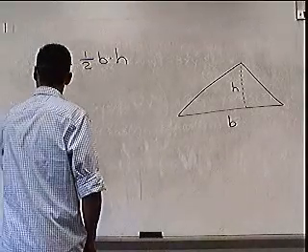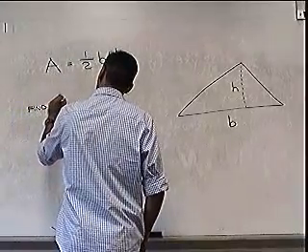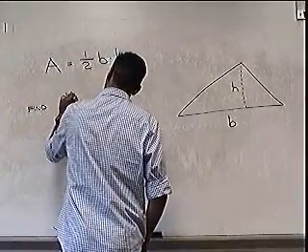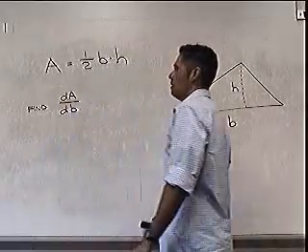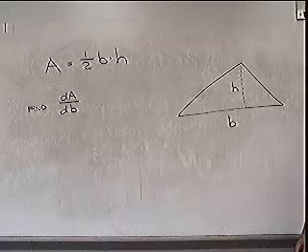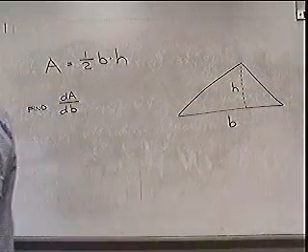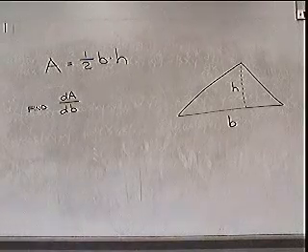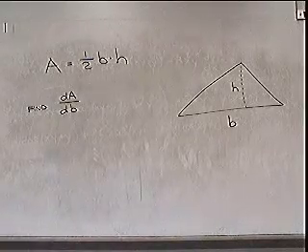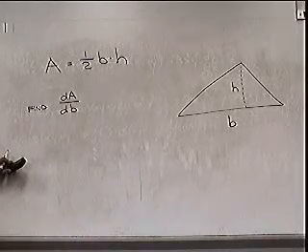Here's what I want you to find. This is going to be kind of weird. Find dA dB. Find the derivative of A with respect to B. That means that you're going to treat B as the variable.